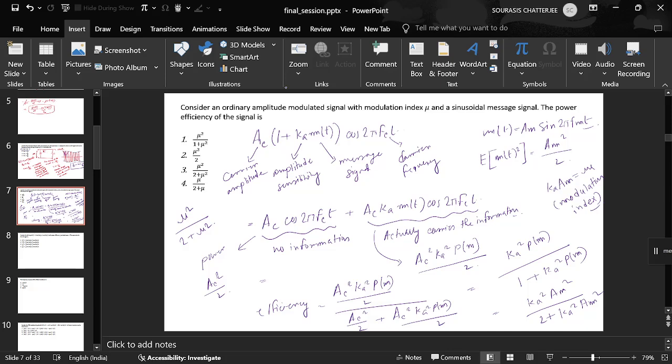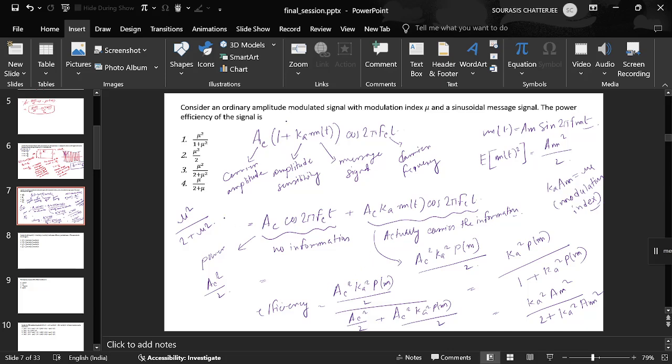So the modulation index has to be less than 1, and if the maximum value is 1, even then your efficiency is only one third. So that is the main drawback of amplitude modulated signals: in the best case scenario its power efficiency is only 33%. That is, whatever power you are employing, two-thirds of it is getting wasted.